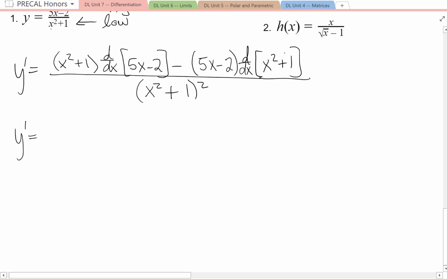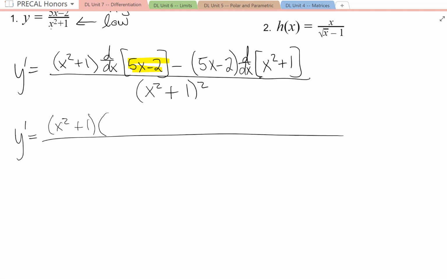Okay, we are going to find the derivative of these and then do some algebra to simplify. X squared plus 1 is being multiplied by the derivative of 5x minus 2. Remember, the derivative of a line is just its slope. What is the slope of that line? 5. Minus the quantity 5x minus 2 times the derivative of x squared plus 1.